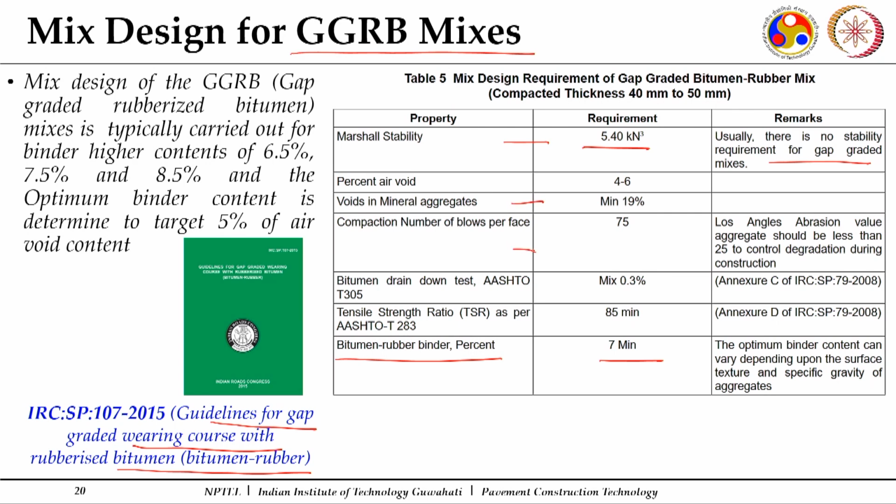voids requirement. So, they are designed in more or less the same manner, but the differences may be in terms of the parameters to be checked and the compactive effort to be applied. And for the trial binder contents, based on experience we know that SMA mixes will generally require higher binder content.